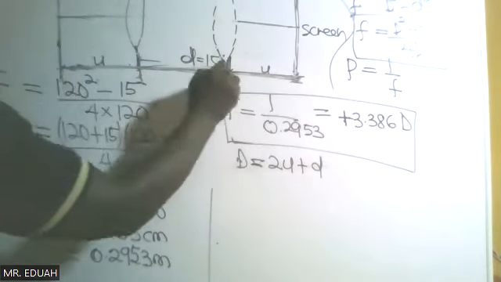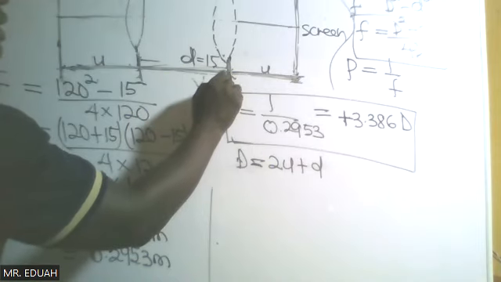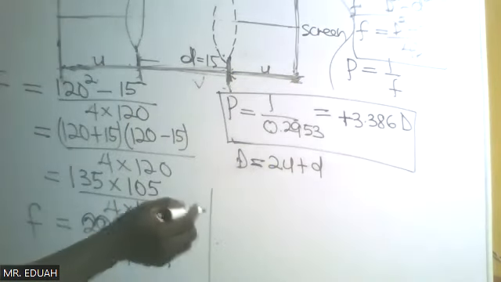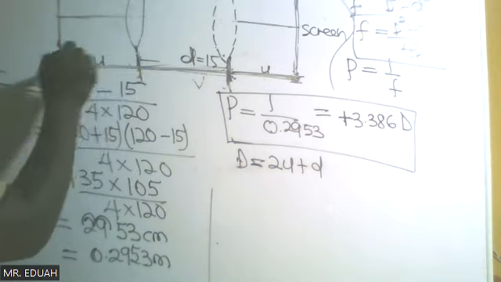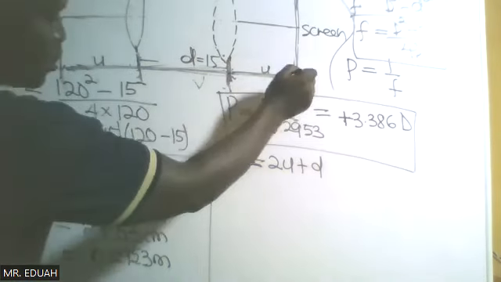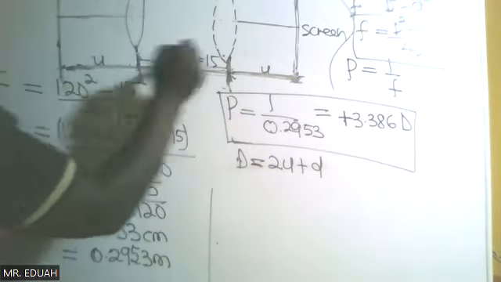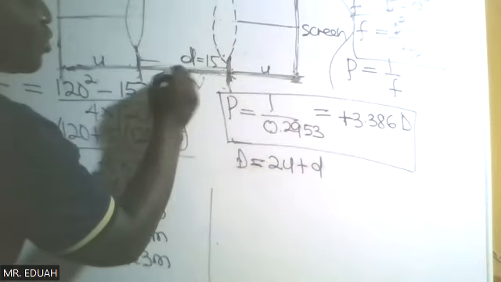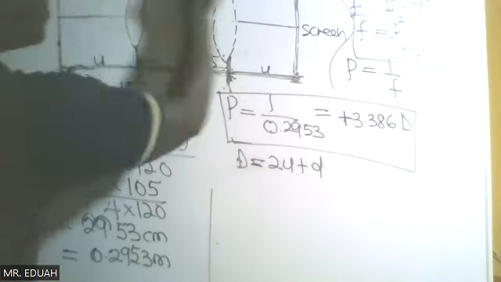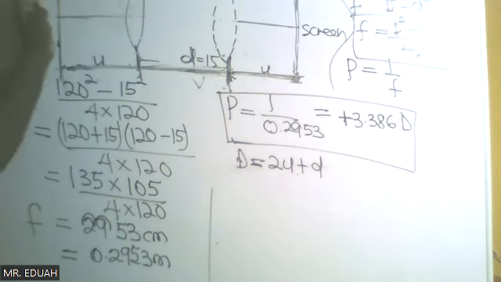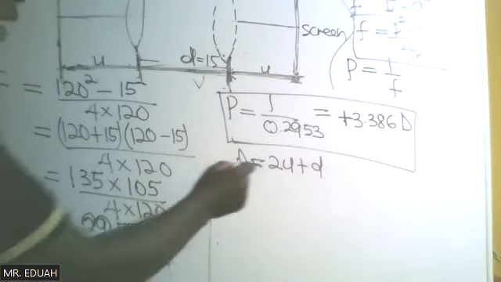If from here to here is 60, this is 40. So from here to here is U, and from here to here is also U. So 2U plus small d must be equal to the distance between the illuminated object and the screen. Hence this.